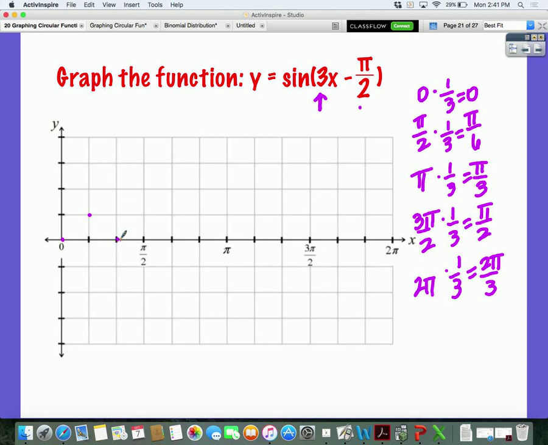Instead of being at 3 pi over 2, I'm at pi over 2. And instead of being at 2 pi, I'm at 2 pi over 3. And then, of course, I can keep going with that same pattern and so on and so forth. But this would be the sine of 3x.